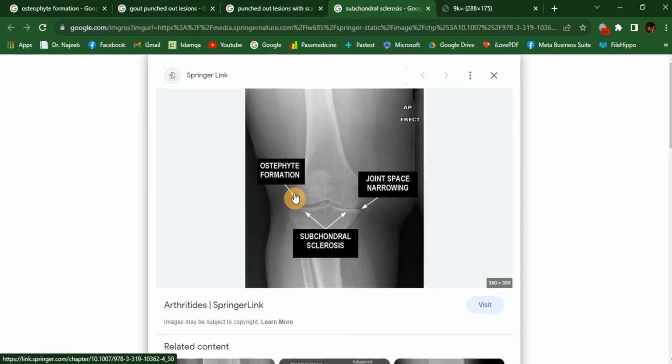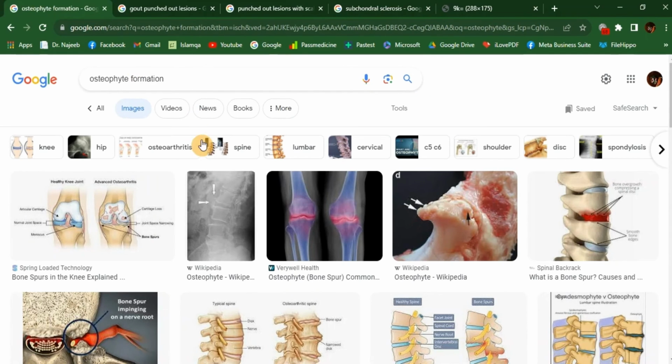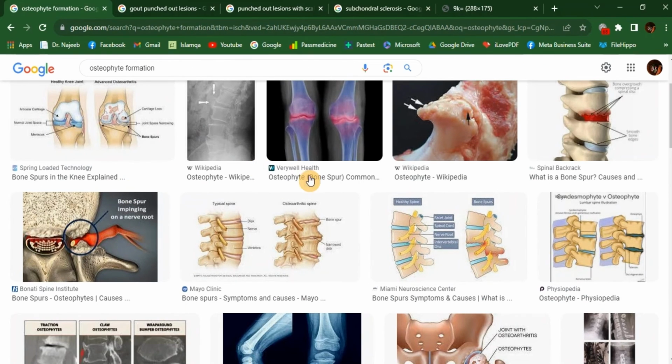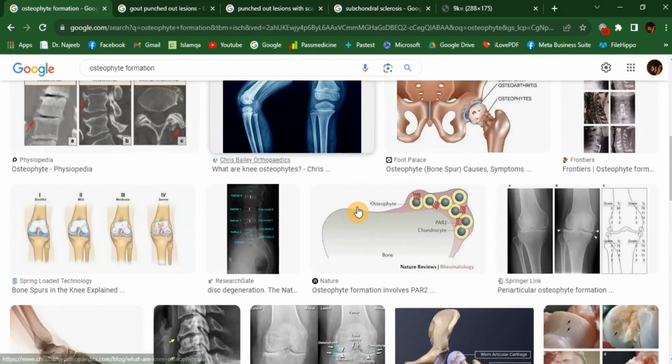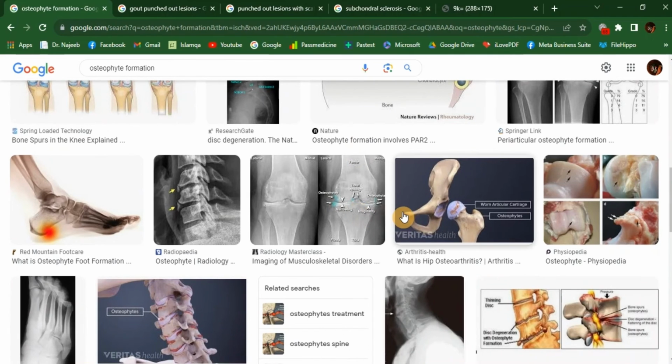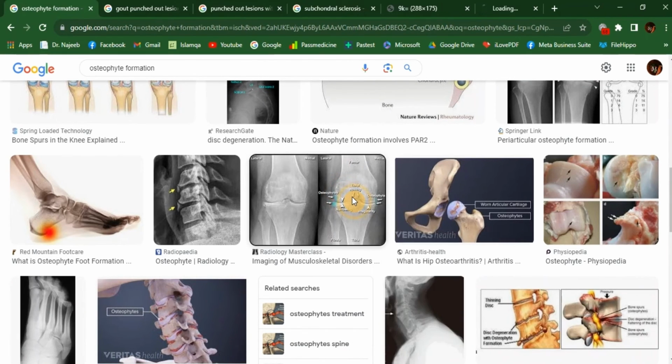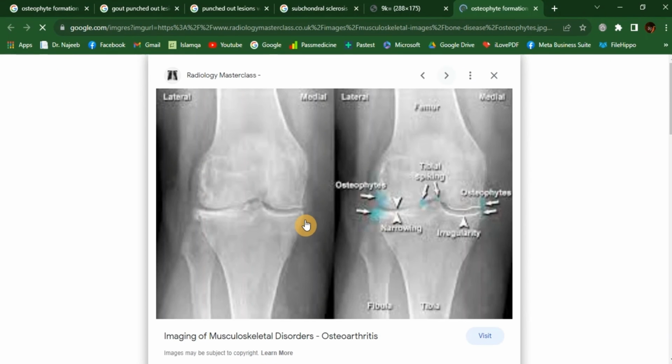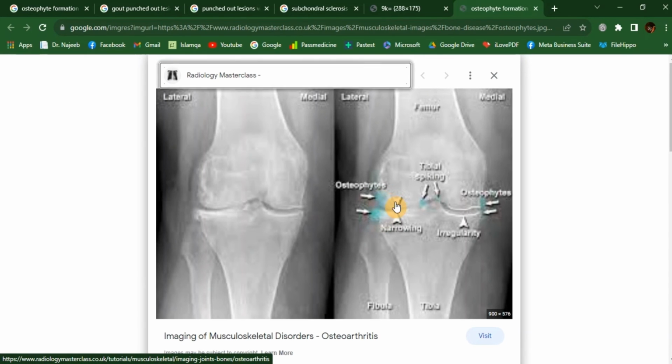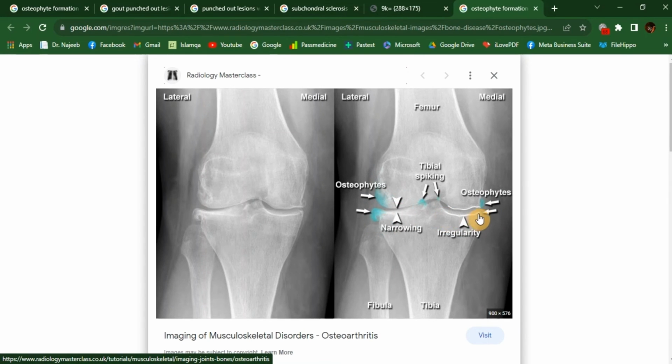Remember, osteophyte formation always occurs in the lateral portion of the joint. So osteophyte formation, narrowing, irregular double margin, subchondral sclerosis, tibial spiking may be present in some cases.